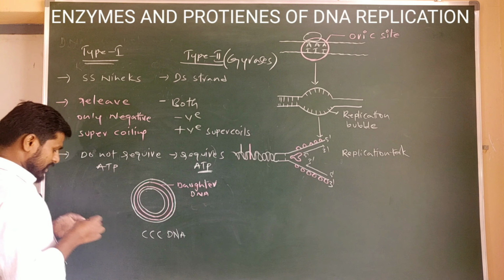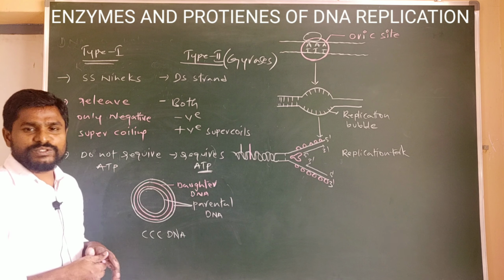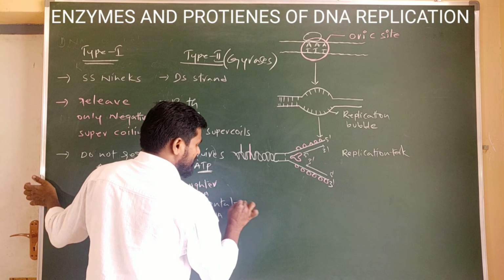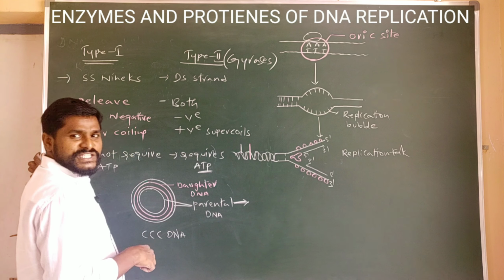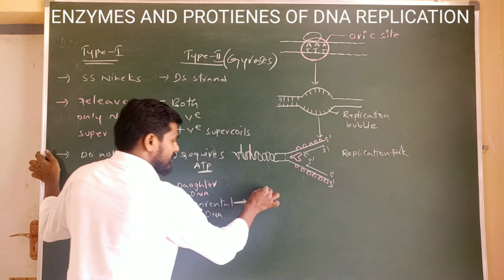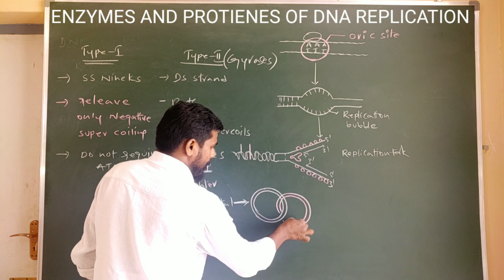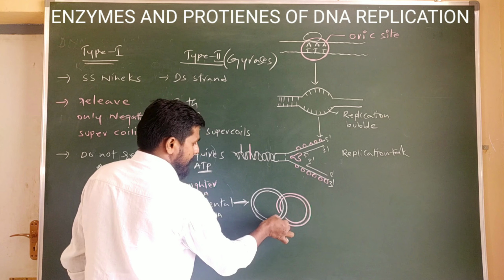Here the daughter DNA which formed must come out of the parental DNA. Actually it doesn't happen because they are interlocked with each other like this. This is the parental DNA, which is a double helical covalently closed circular DNA, and this is a daughter DNA. What happened here? Both are interlocked with each other.